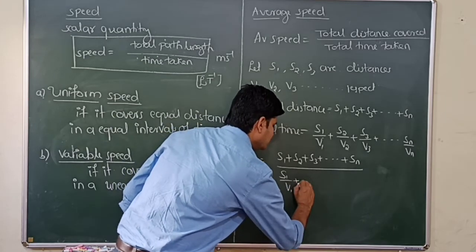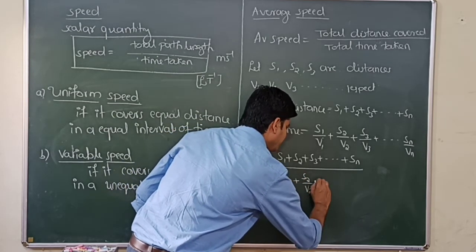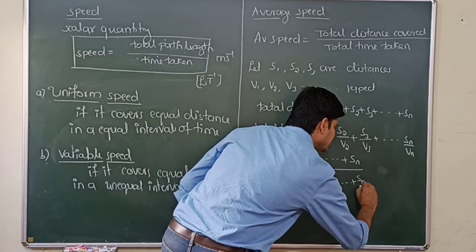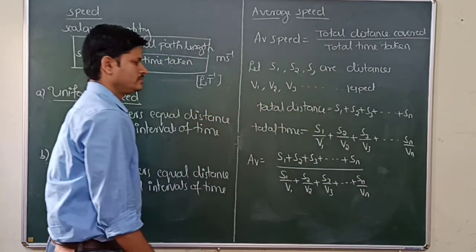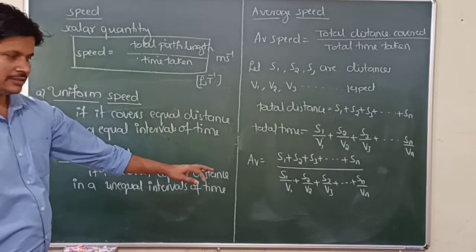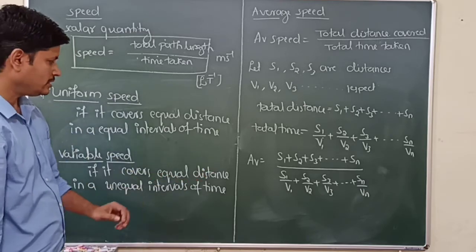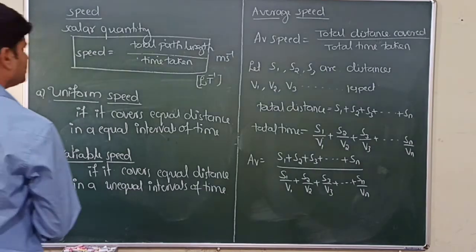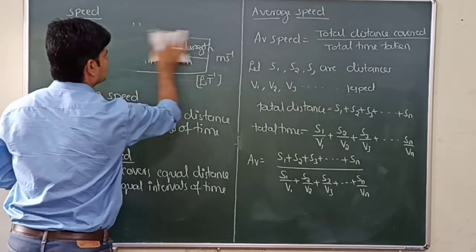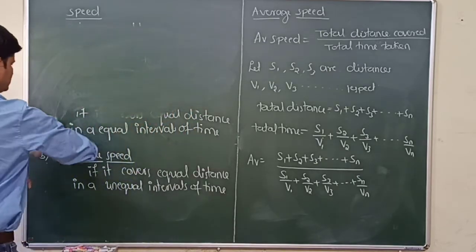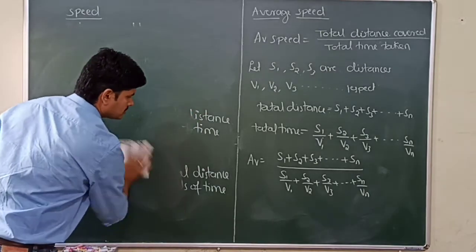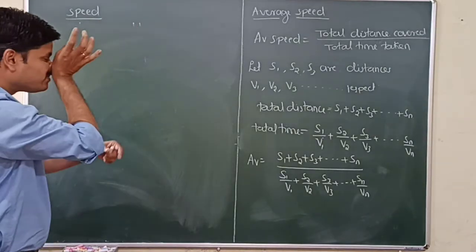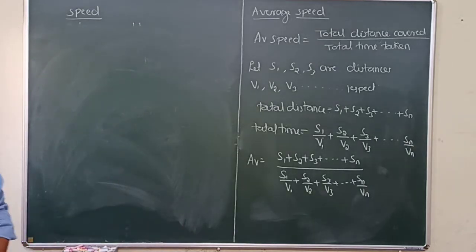S1 divided by V1, S2 divided by V2 plus S3 divided by V3 plus so on plus Sn divided by Vn. Correct? Is it right? Note on this or take the snapshot. Okay, note on this first.